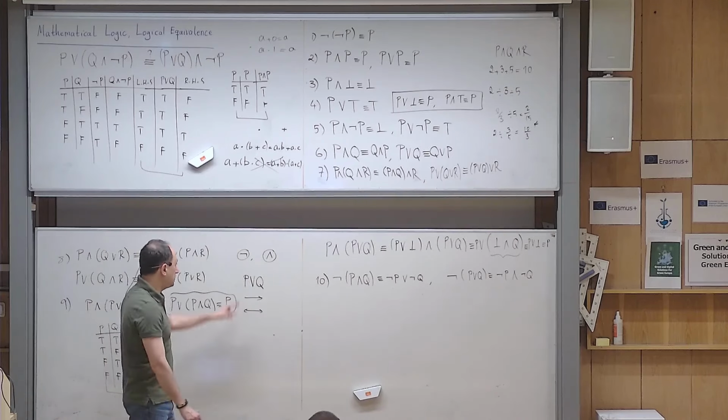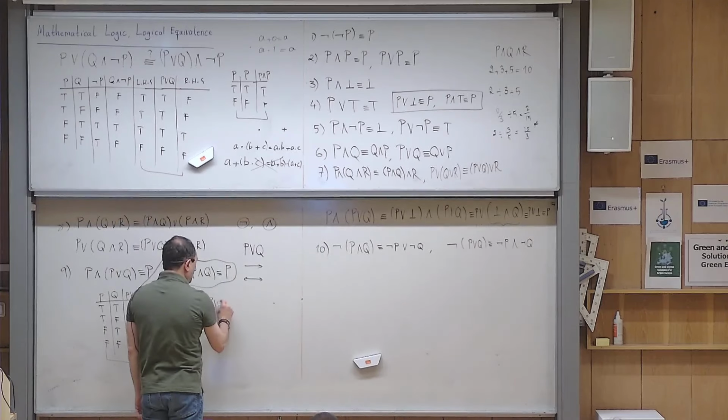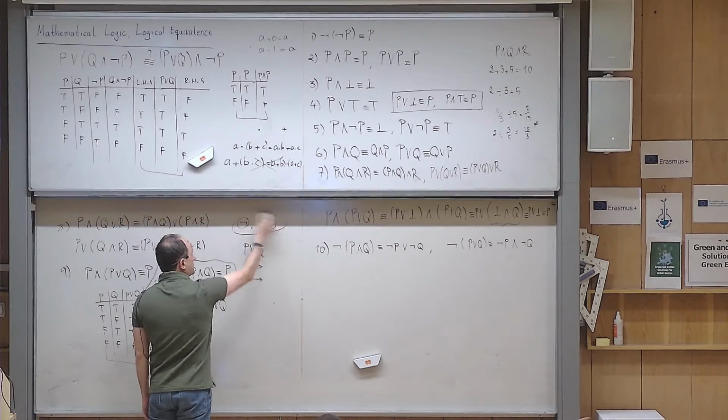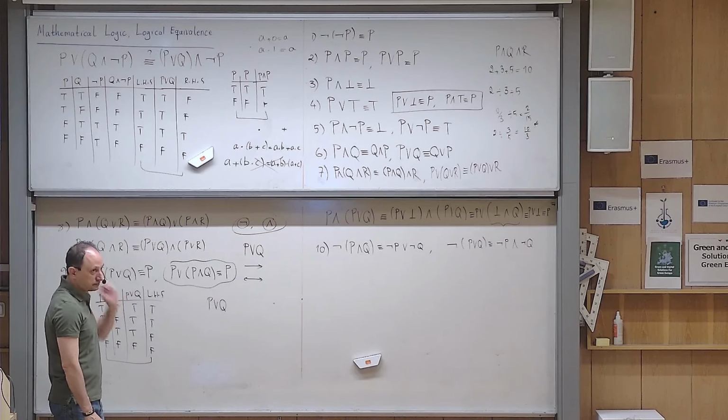Okay, so can you tell me how you define P or Q if you have only these operations granted to you? P and Q, and no, use De Morgan's law here.